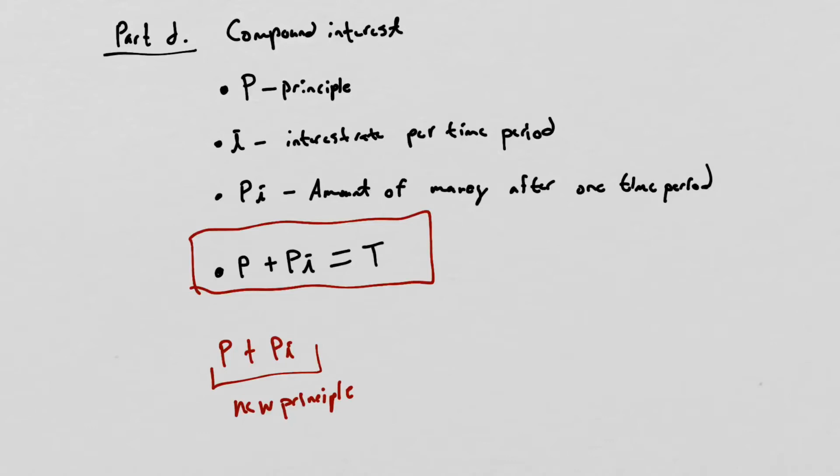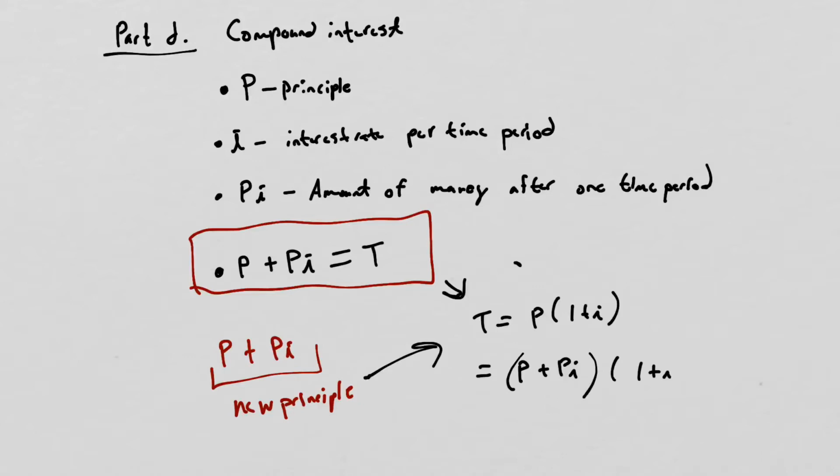Let's rewrite this equation real fast as T is equal to P times 1 plus I. Well, if we apply our new principal to this equation, this equation is going to transform to be T is equal to P plus PI times 1 plus I. And the reason why is because we replaced this P here with our new principal.